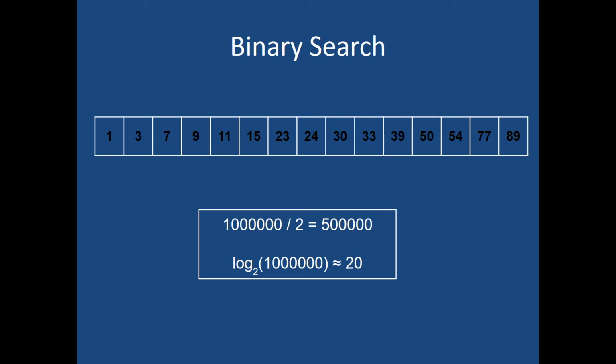So it would only take 20 probes to decide something's not in the array if you did a binary search. Huge difference. If you go to 1,000,000,000, 1,000,000,000 divided by 2 is 500 million. Log base 2 of 1,000,000,000 is only 30. So that's why you do binary search when you can.